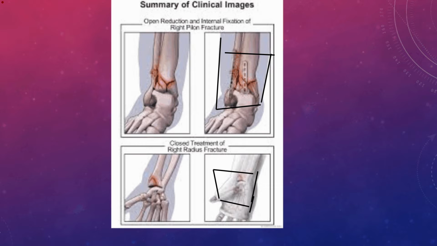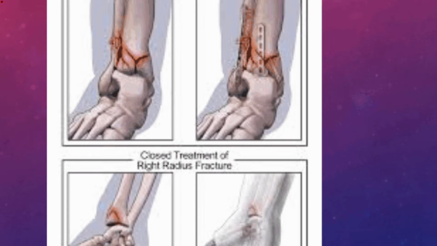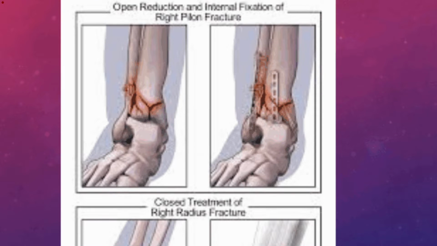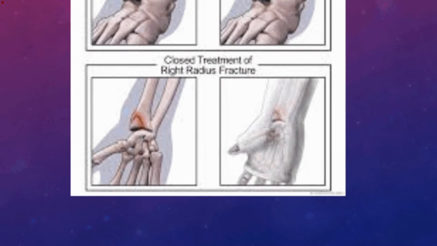But with this open reduction, not only do they have to fix this, repair the damage, then they cast it and immobilize it. Okay, so that's open, and then this is closed.